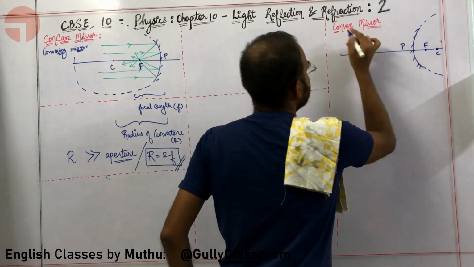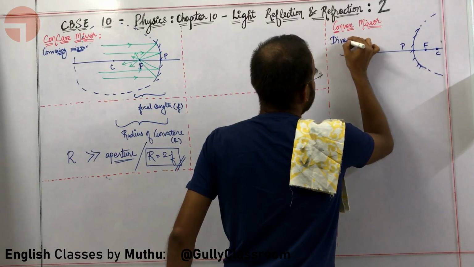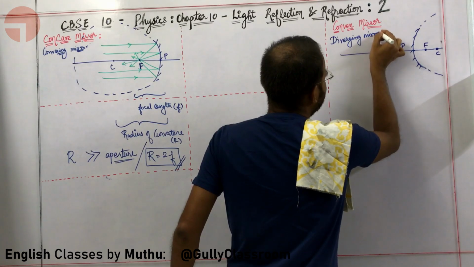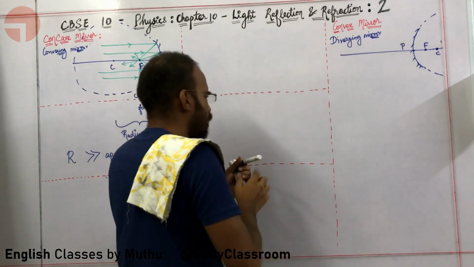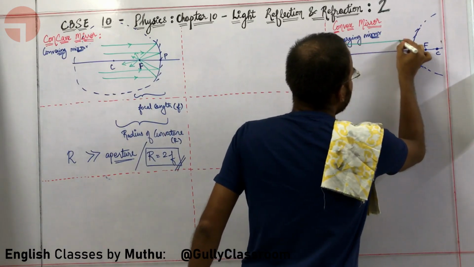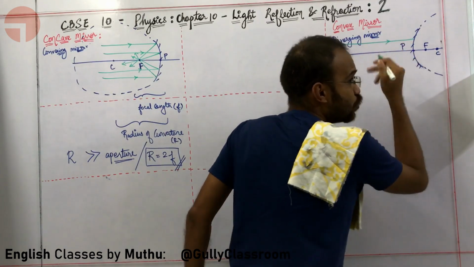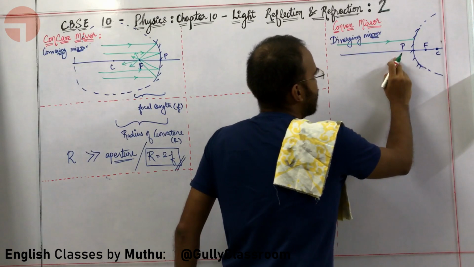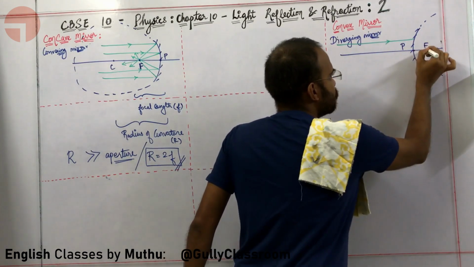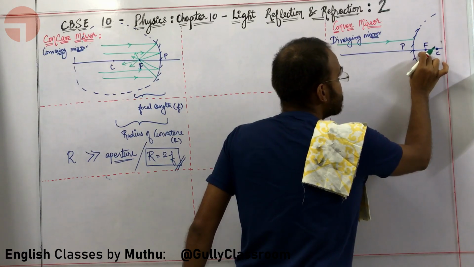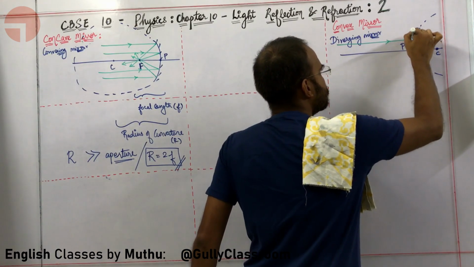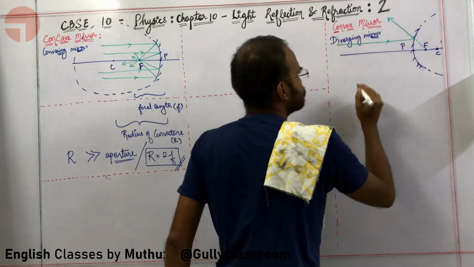We know that a convex mirror is a diverging mirror. So what does a convex mirror do? It diverges all the light falling on it. We are going to use green color for light. A parallel beam of light, parallel to the principal axis, will be reflected from the principal focus behind the mirror. So I will draw dotted lines from here and I will draw a straight line.